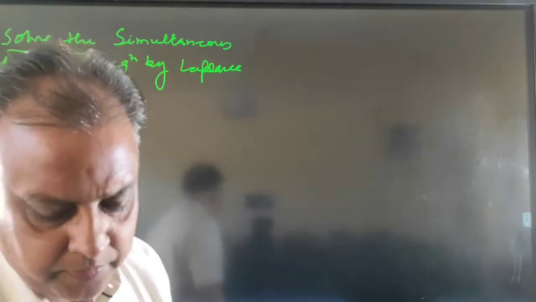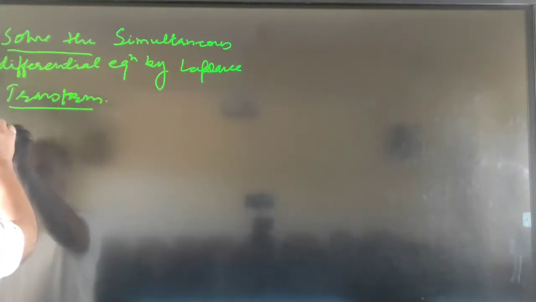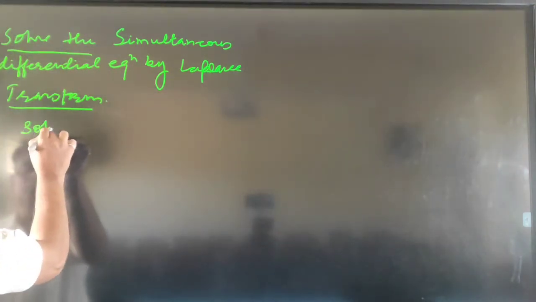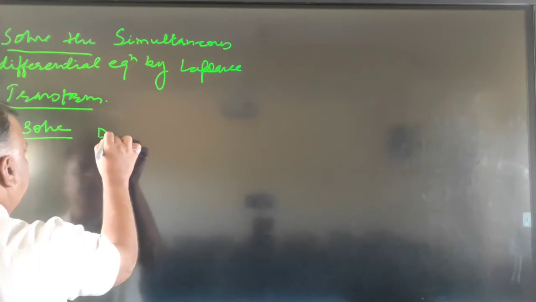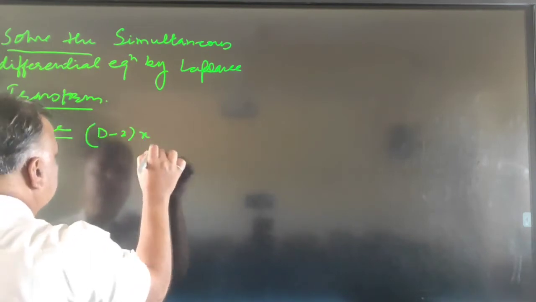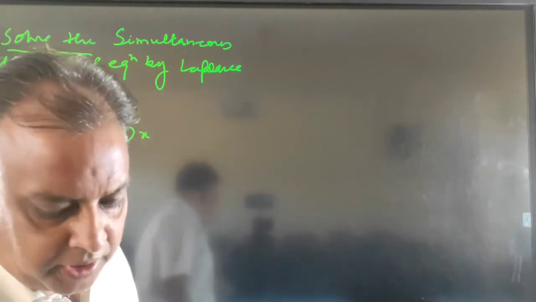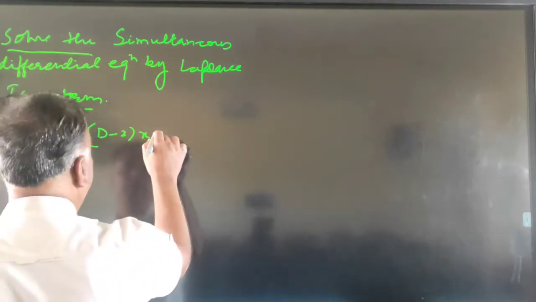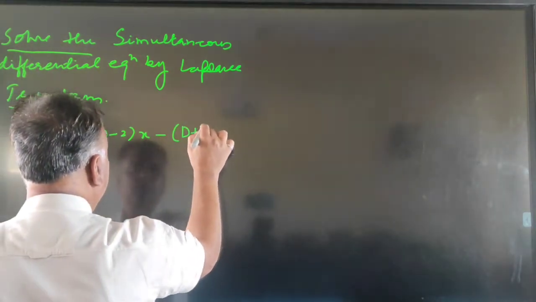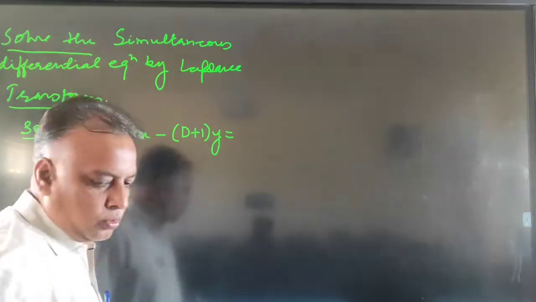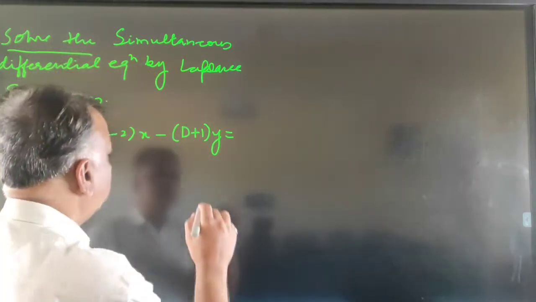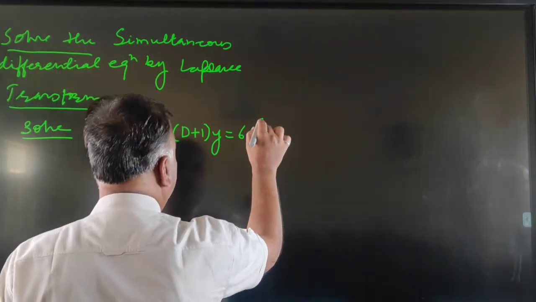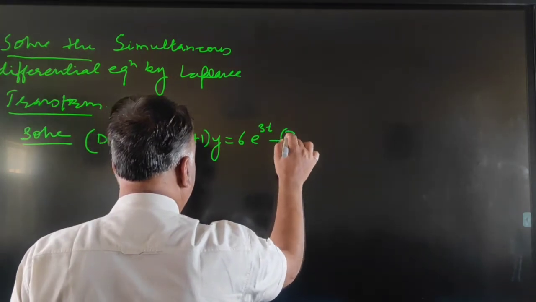First, the problem is to solve (D - 2)x - (D + 1)y = 6e^(3t), equation number 1.